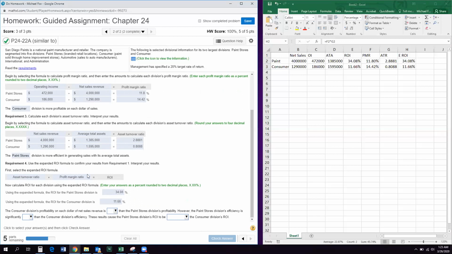If we go up and look at that, the consumer division is higher than the paint stores division. However, the paint store division's efficiency is significantly higher than the consumer division's efficiency, right? And go up here and look at efficiency. These results cause the paint store division's ROI, if we look right there, to be higher than the consumer division's.